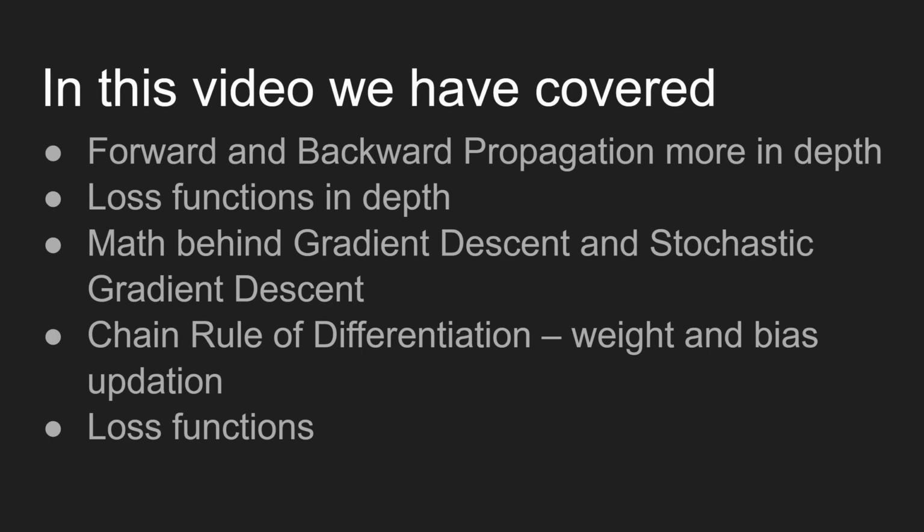And we discussed stochastic gradient descent. Remember, we're selecting random data points, applying gradient descent to all of those data points, and finding the local minima there. And then we just learned about the chain rule of differentiation, weight and bias updation, and I actually added an additional loss function here for some reason.